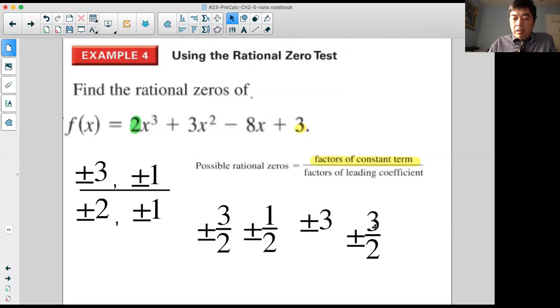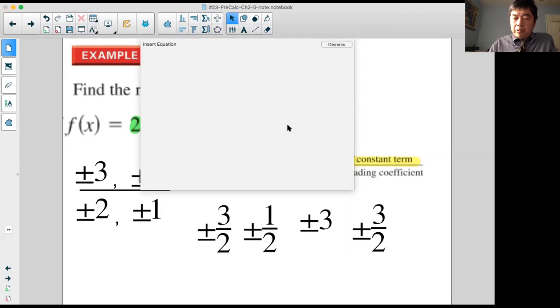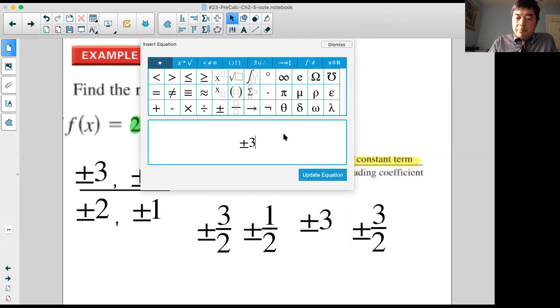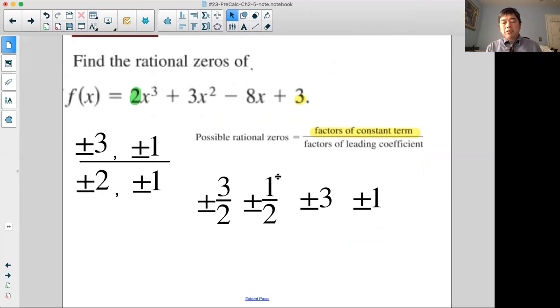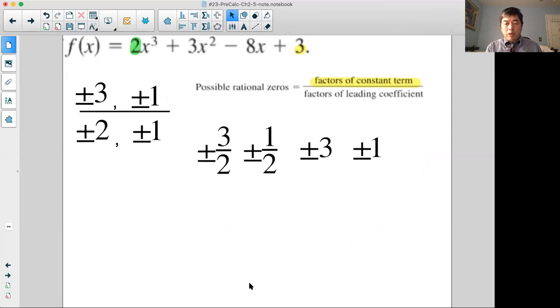And this one is plus minus 1 over 1. So there's the possibilities right here. Okay? So there's 2, 2, 2, 2. So 8 possibilities, but we can't run through that many times. So usually I start with -1 or 1.